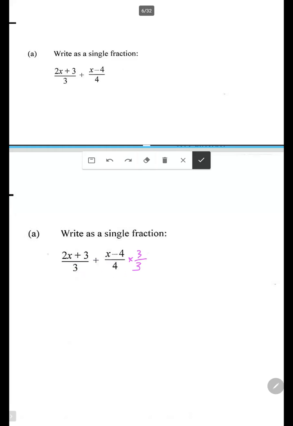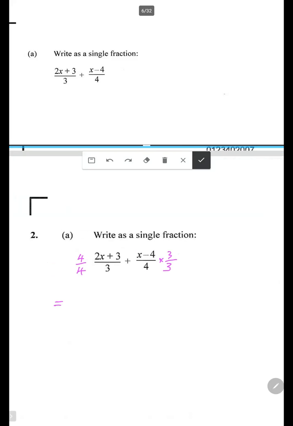I'm going to multiply this fraction by 4 over 4. It's like I'm multiplying each fraction by 1, just to get the two denominators to be the same. And so this becomes equal to 4 times 2 is 8, so that's 8x, over 4 times 3 is 12, over 4 times 3 is 12.